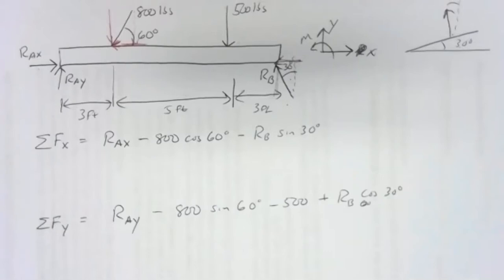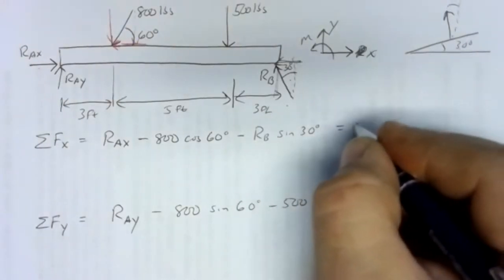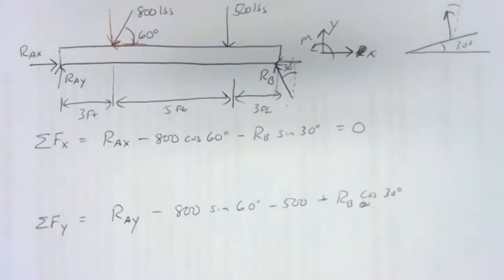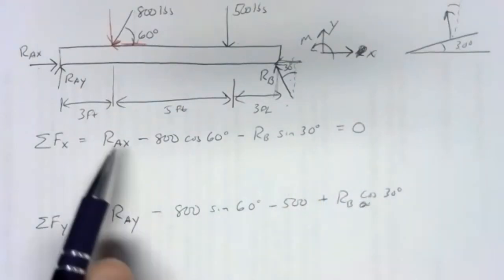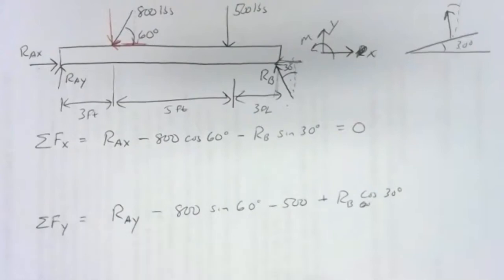We have two unknowns in the x direction sum. When we set that equal to 0 to make our equation of equilibrium, we can't solve it because we are missing two unknowns, RAX and RB. Same with the y direction equation. When we set that equal to 0, we're missing two pieces. So this is why we need our moment equation.